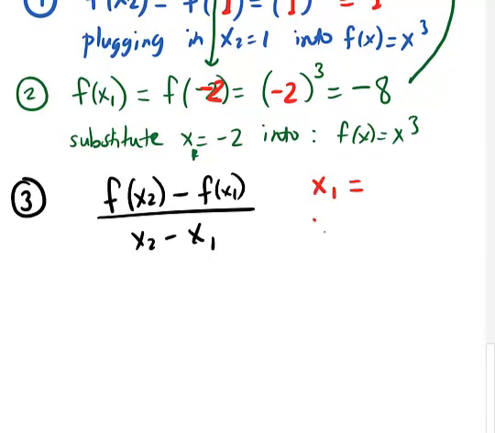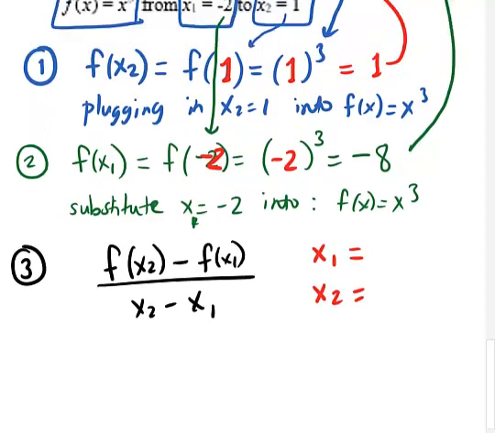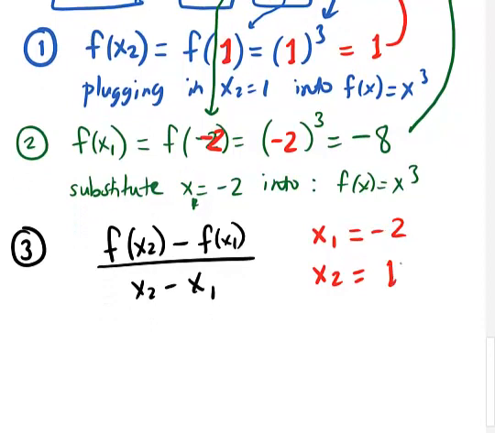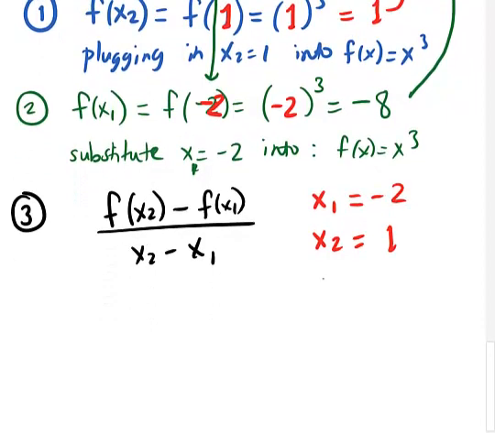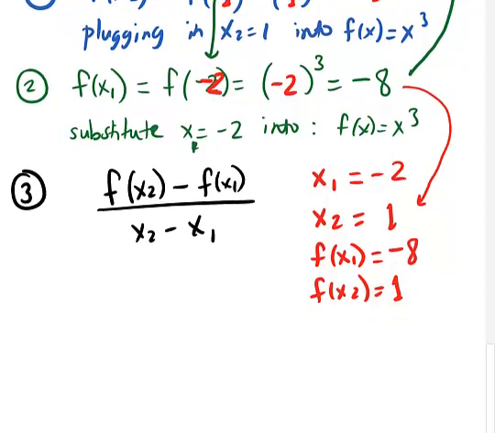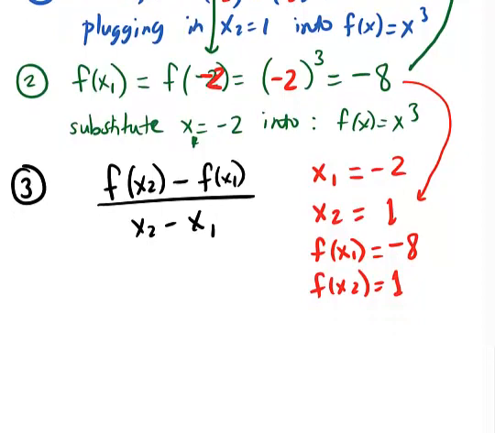What did they give us? x1 and x2 were -2 and 1. And we just found f of x2 to be 1, and f of x1 was -8. So those are the 4 quantities that we're going to be plugging in here. It's nice to just have them sitting next to you so you don't have to really think about it.